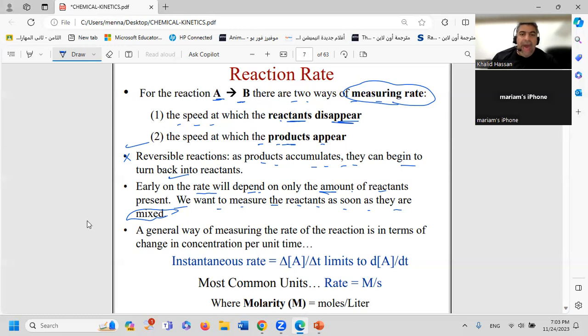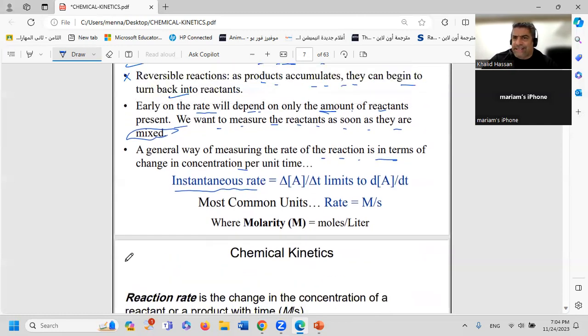Now, a general way to measure the rate of reaction in terms of change in concentration, instantaneous. Of course here I object to the word instantaneous coming directly.